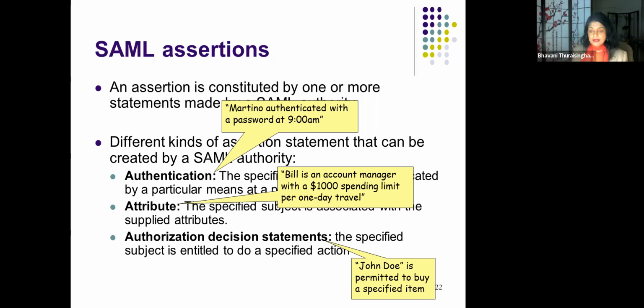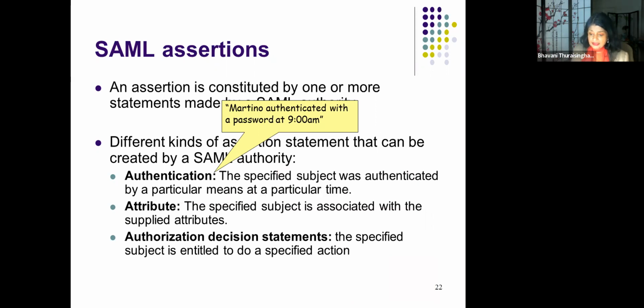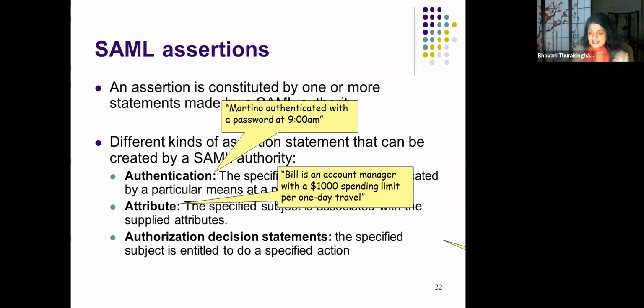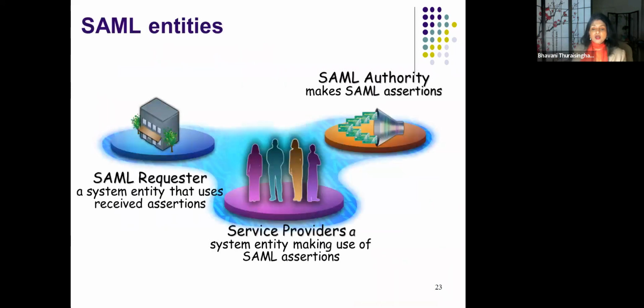Permitted to buy something. Okay, so remember this earlier picture I showed you: SAML, relying party, service provider, SAML authority. So I'm going to come back to this. Okay, so what happens here? SAML requester, a system entity that uses received assertions.